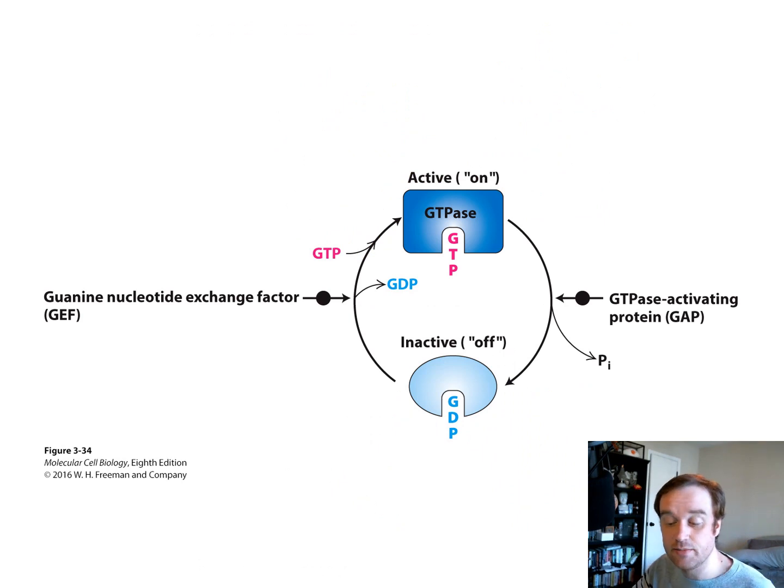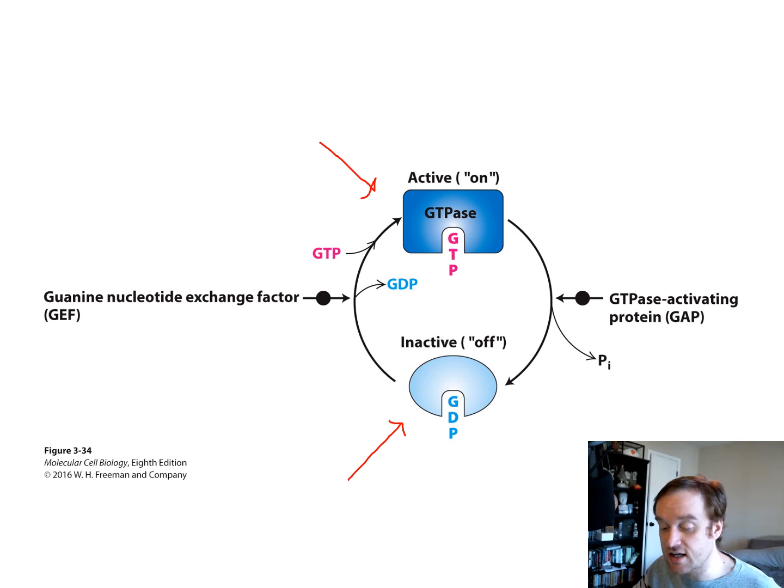Okay, so let's talk a little bit about this GTPase switch. So GTPases are this superfamily of proteins that exist in 2 conformations, this GTP bound or active or on conformation, and this GDP inactive or off conformation. And so these GTPases, they hydrolyze GTP to GDP.